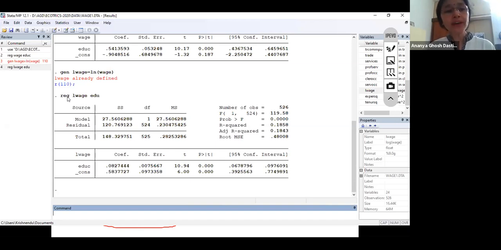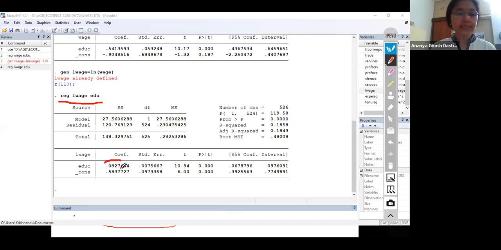So when you have regressed log of wage on years of education, let us look at beta hat. Where is beta hat? Okay, so this here is beta hat, 0.0827444. All right. Now, how do I interpret this? This is telling me that for one more year of education, wages increase by 8.2%.